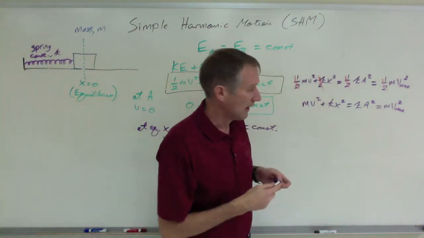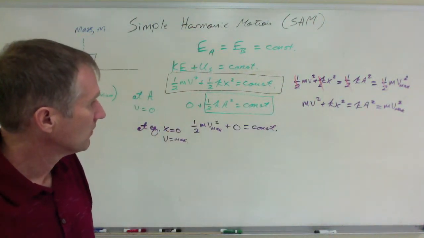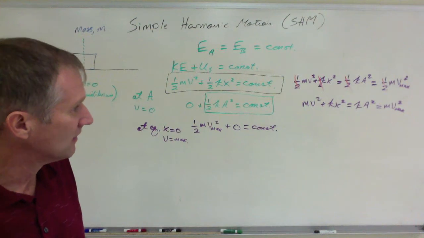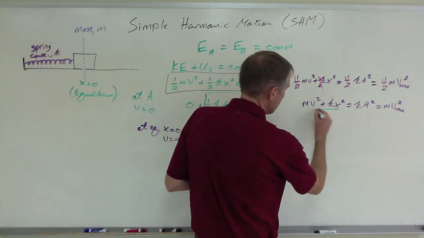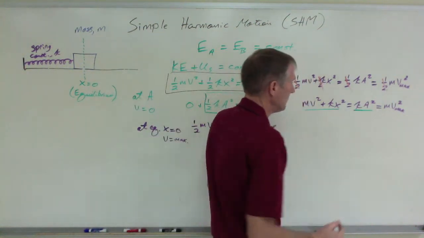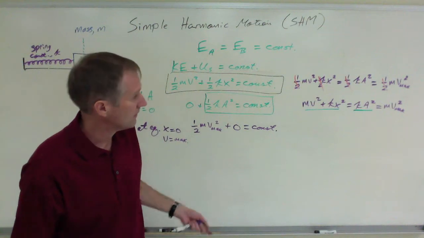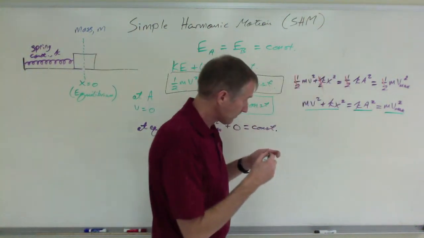Equals and equals. And nothing cancels any more than after the halves, all right? So don't go canceling the k's and the m's or any of that stuff. Again, this is anywhere. This is specifically the energy at amplitude. And then this is specifically at equilibrium.